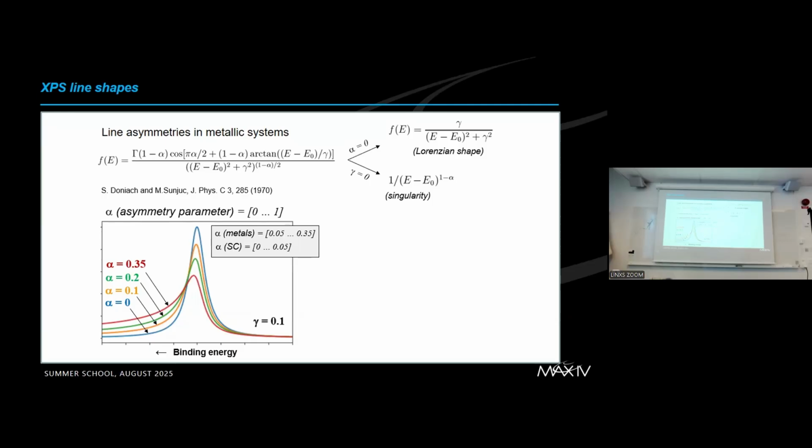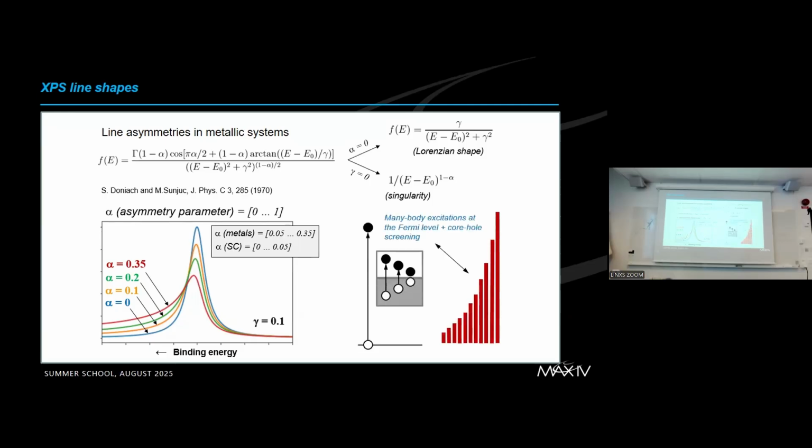Why is that? Very simplified, one can explain it in the following picture. Whenever you have a gapless system, there is no energy gap here. You can excite electrons from the Fermi edge a little bit above with very small excitation. So in addition to this line, you will have this line, which is the same, but it is reduced in energy because we have to excite this particle in addition.